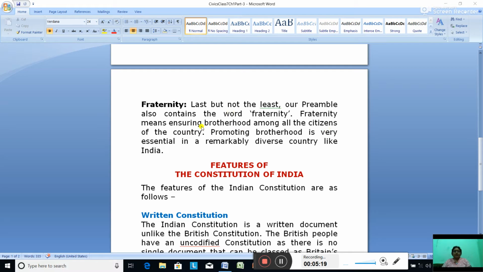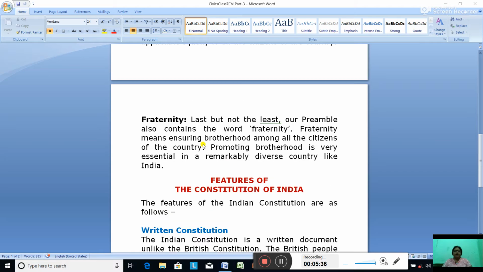Promoting brotherhood is very essential in a remarkably diverse country like India. So we completed the objectives of the preamble to the constitution, where I explained to you justice, liberty, equality and fraternity.